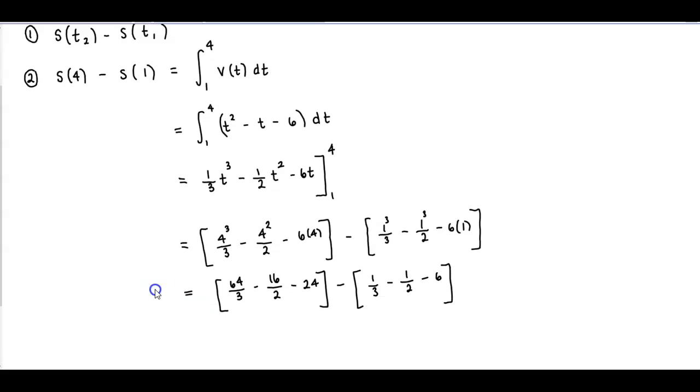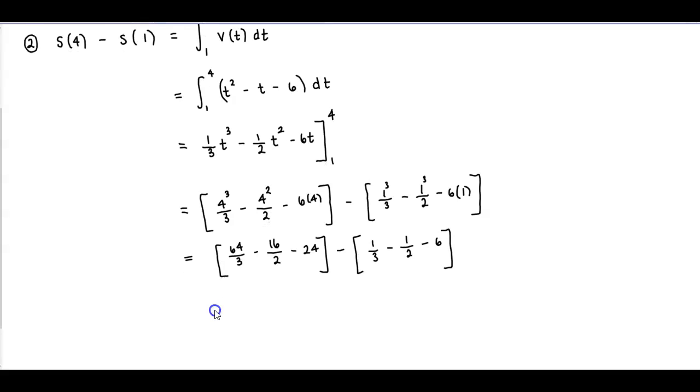Okay, so we can find a common denominator between all of those, and the common denominator is going to be 6. So here we're going to have 128 over 6 minus 48 over 6 minus 144 over 6. And then we're going to distribute the sign.